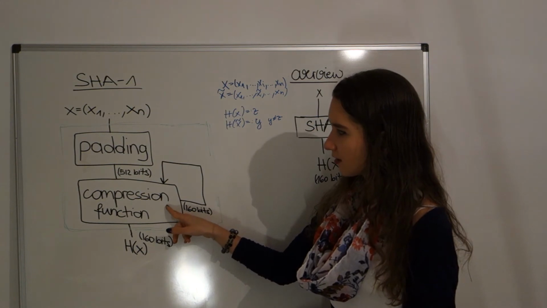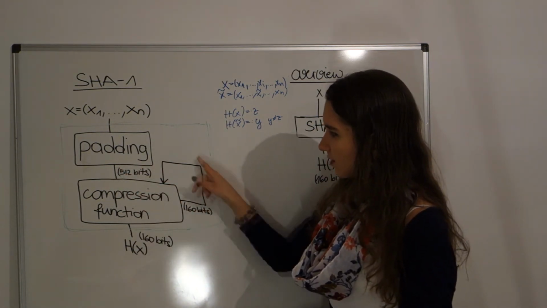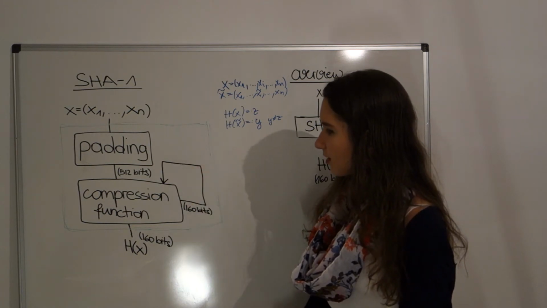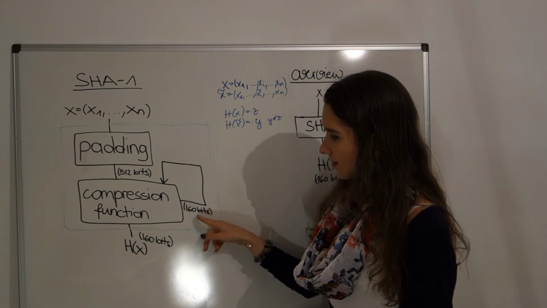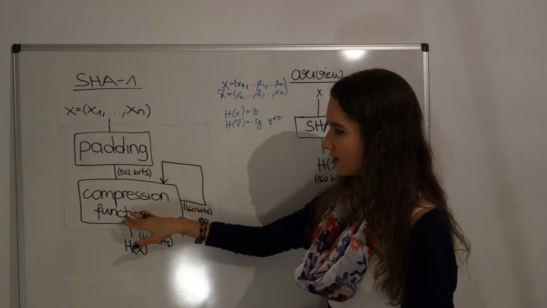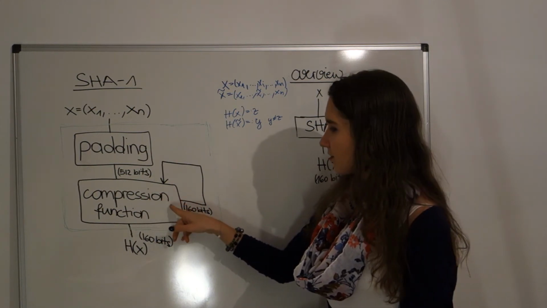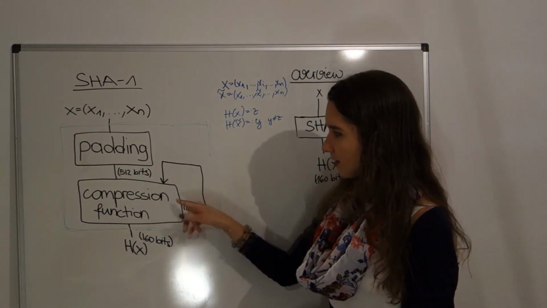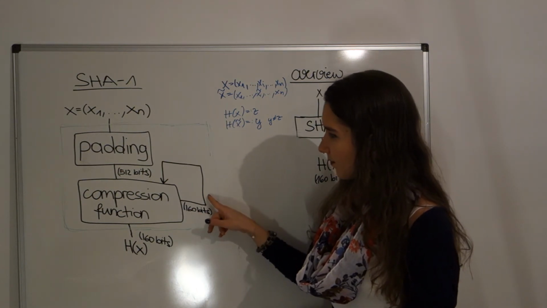And the compression function doesn't only take the input and generate an output just once, but more times. So we take in the 512 bits, and it does something with these 512 bits, so that we get a value of only 160 bits now.